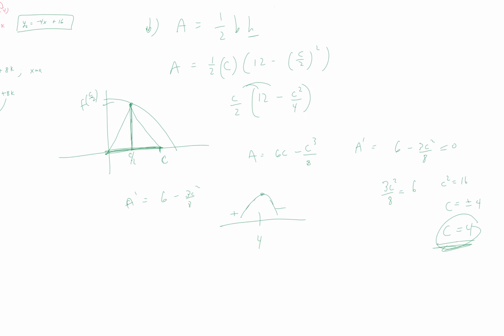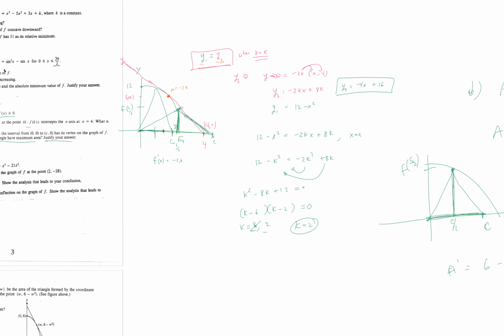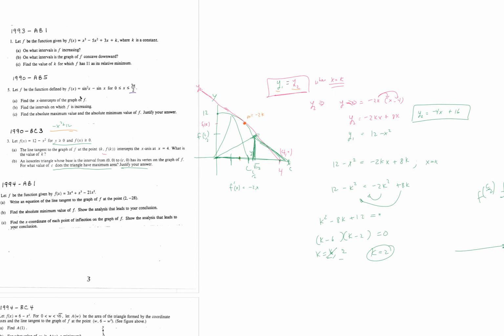Gosh, my computer's freezing again. So it says here, for what value of C does the triangle have a maximum area? Justify your answer. Okay, so how would I write this?